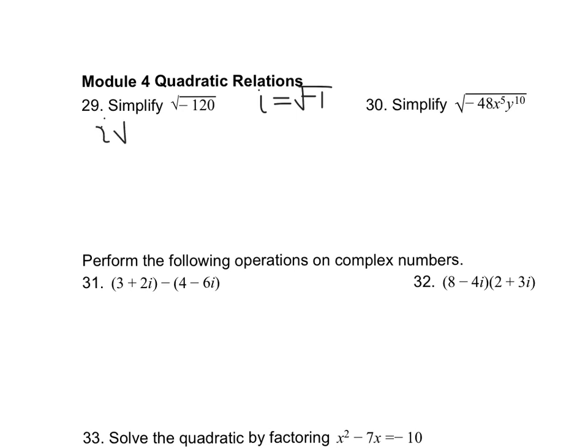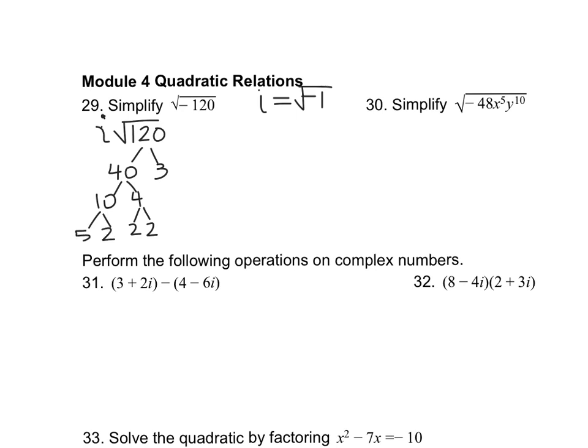I can first write it as i square root 120. I can take out that negative part by using the i. I can now break down 120 like we did in Module 3. So I can break it down as 40 times 3. 40 I can break down as 10 times 4. 4 becomes 2 and 2, and 10 becomes 5 and 2.